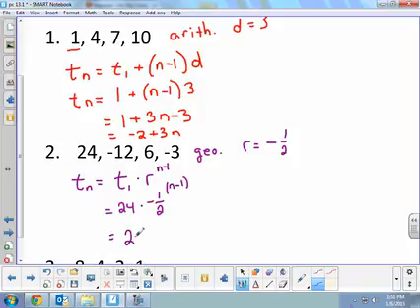That's actually 24 times -1/2 to the n times -1/2 to the -1. Remember, if you have the same base, you're really adding your exponents, so I'm just separating those out.